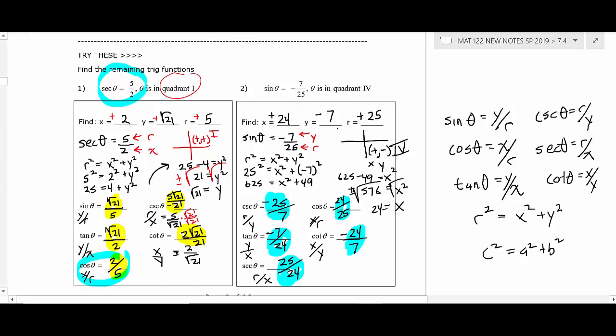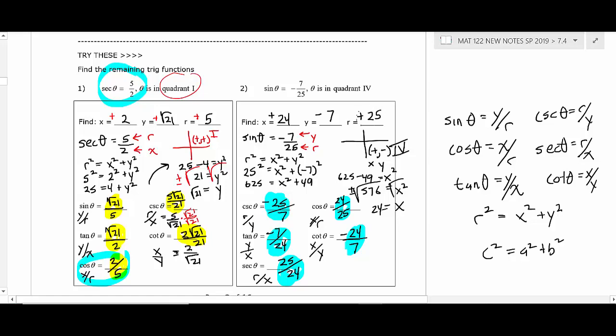Okay, the next one is another example of what we call a Pythagorean triple. You have 3 whole numbers that satisfy the Pythagorean theorem. So 7, 24, 25 could be the sides of a right triangle, where 25 is the hypotenuse. I gave you the sine, negative 7 over 25. That means y is 7, r is 25. Now, how do I know which one's negative? Well, remember, r is always positive.